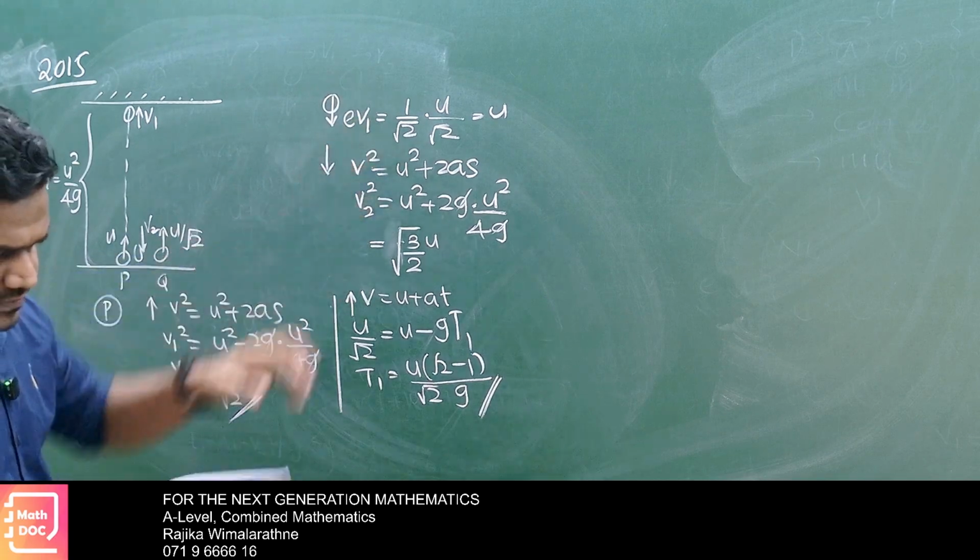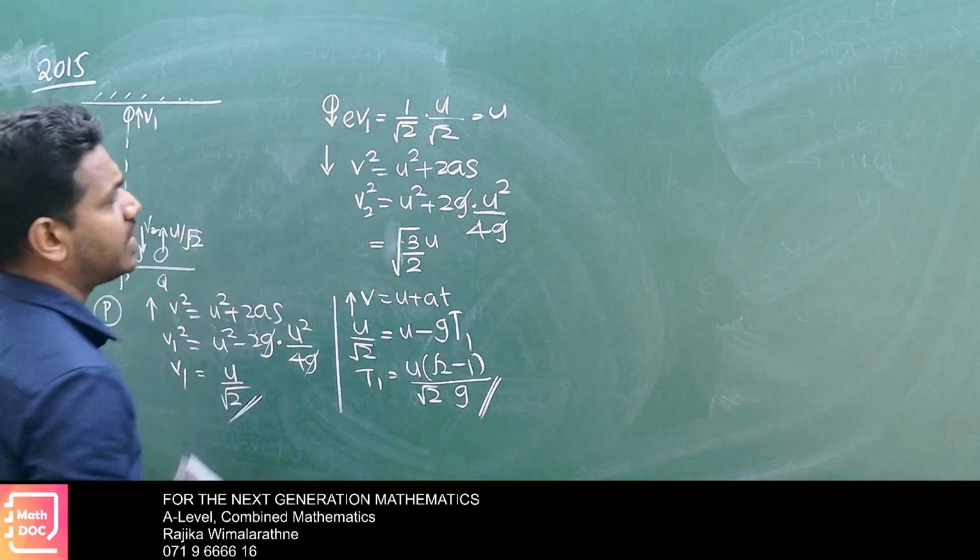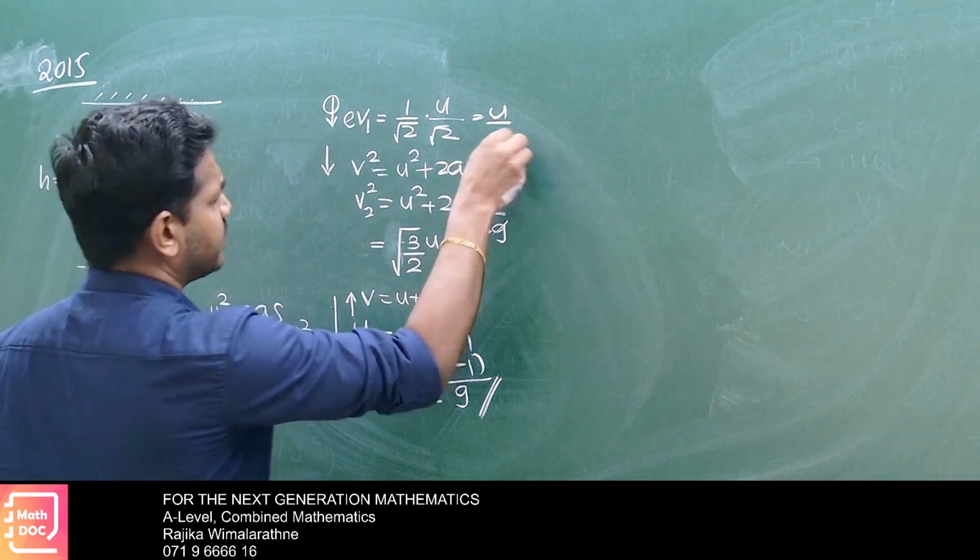Then coefficient of restitution 1 over root 2, so u over 2, no? u over 2.